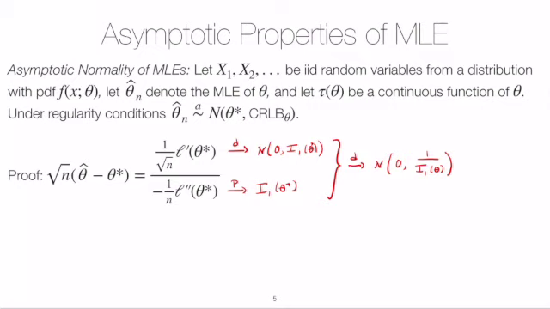The way that you get that is to think about a random variable with this distribution, maybe call it y, and then think about the distribution of y over a constant, the Fisher information. The distribution of that quantity will still be normal. You're just taking something normal and dividing it by a constant, still normal.